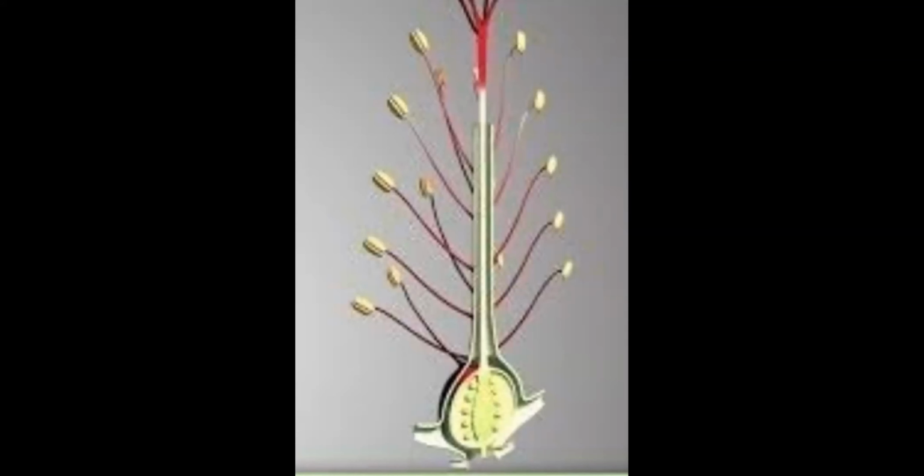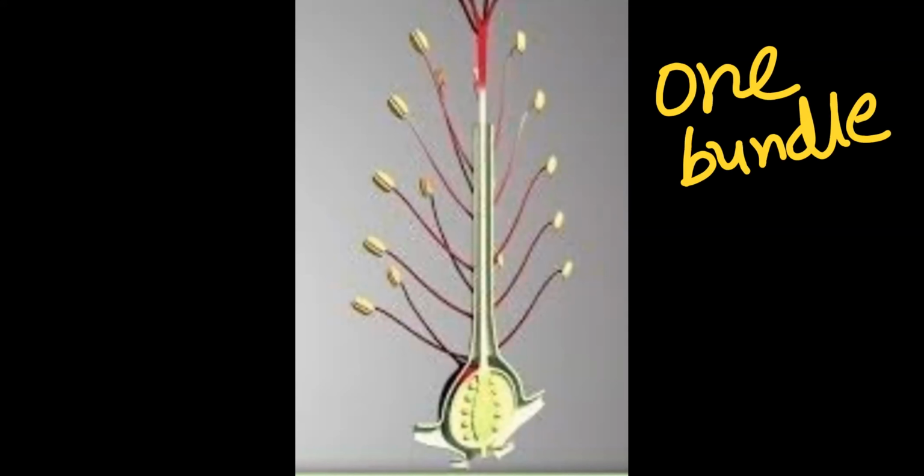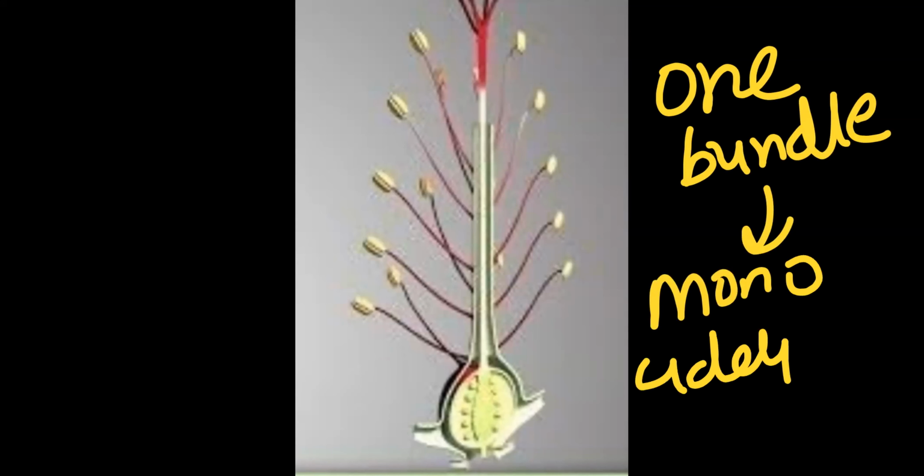So if in a flower only one bundle of stamens is formed, we call it monoadelphous. Monoadelphous, single bunch or single bundle of stamens. Example, hibiscus, China rose.